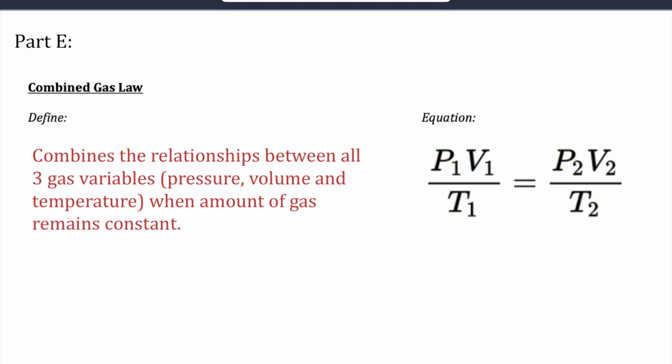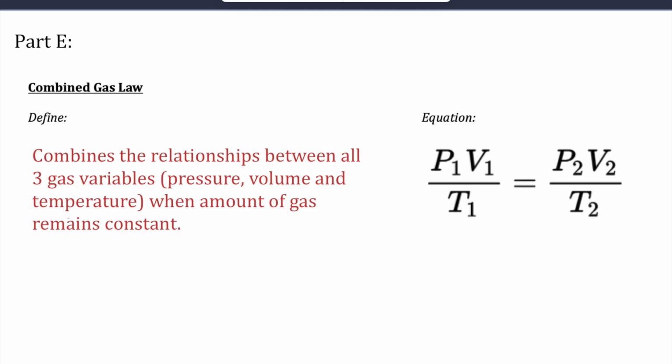If we are looking at just the volume temperature relationship and our pressure doesn't change, we can get rid of pressure on both sides and we end up with Charles's law. And so this combined gas law looks at, well, what if we have pressure, temperature, and volume conditions that all change?